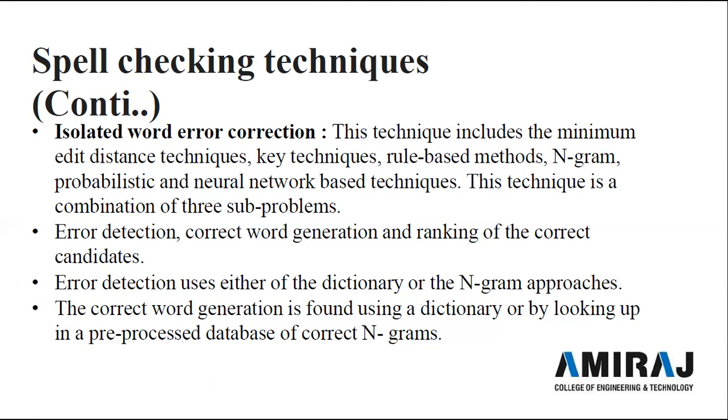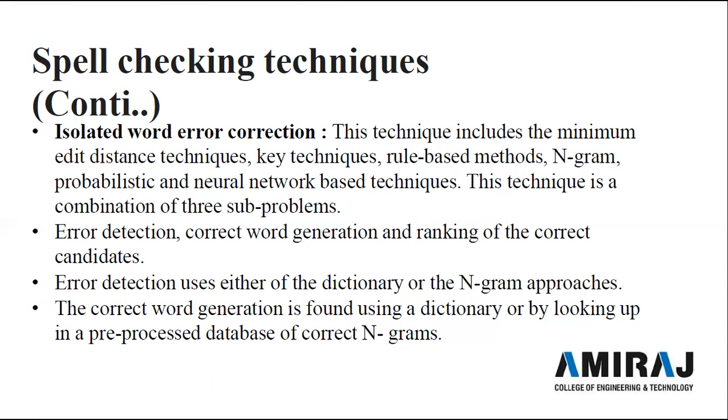The correct word generation is found using a dictionary or by looking up a pre-processed database of correct n-grams, right? So for correction, we have now found the error, we have detected the error. Now we have to correct that error. For that, we already have a dictionary. We have to look for that word in the dictionary. Once we find the correct word, then we just have to replace it, right?